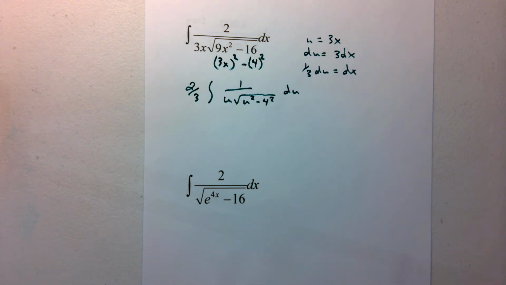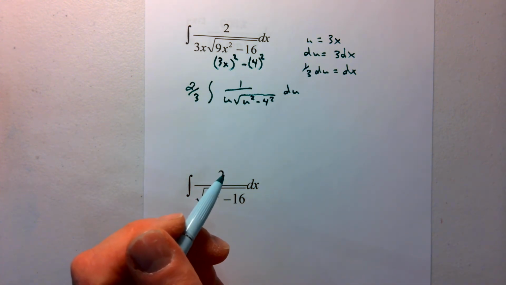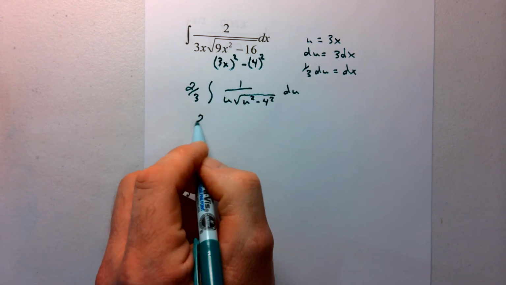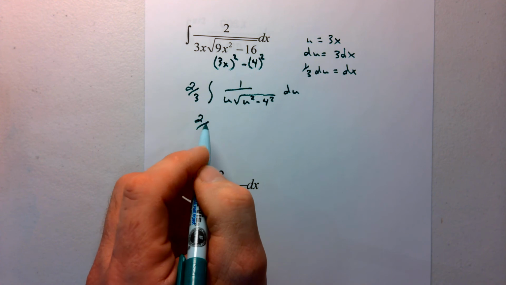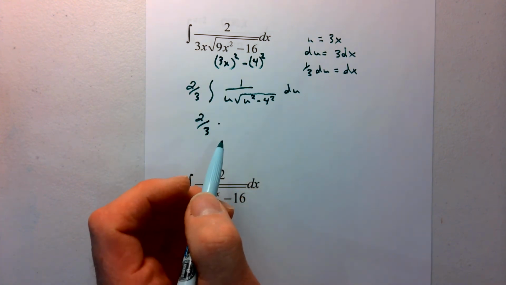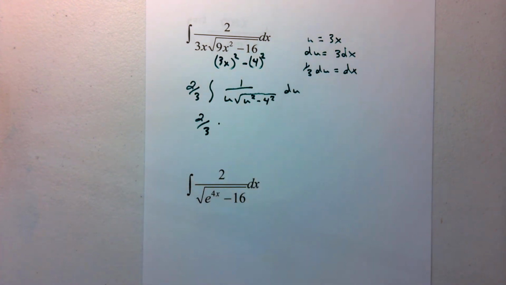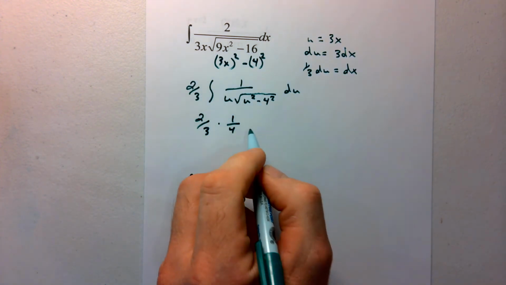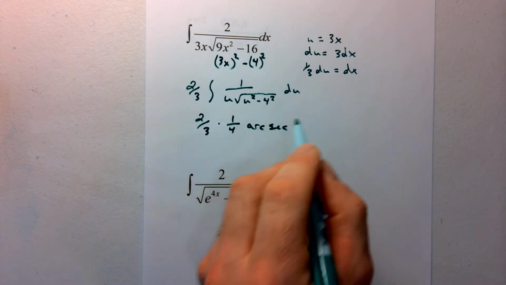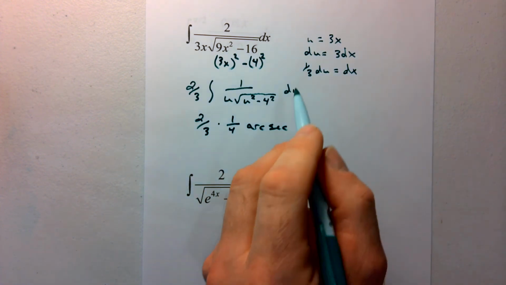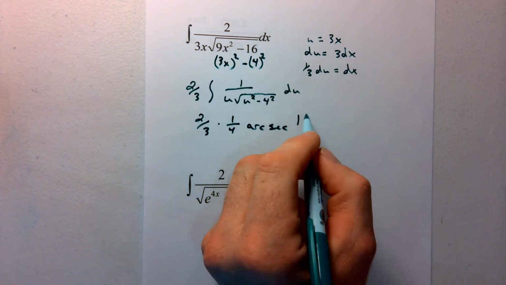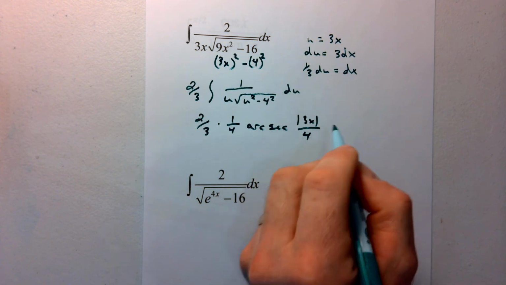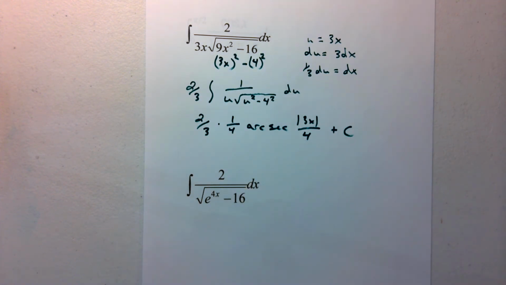So we then can write this now using our arcsecants. So what is that? That's going to be our 2/3 times our 1 over our a value, which is 4, times the arcsecant of the absolute value of u, which I know is going to be 3x, divided by my a value, which is 4, plus c.